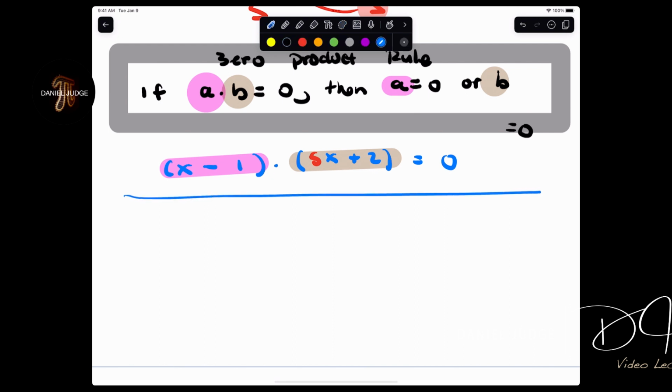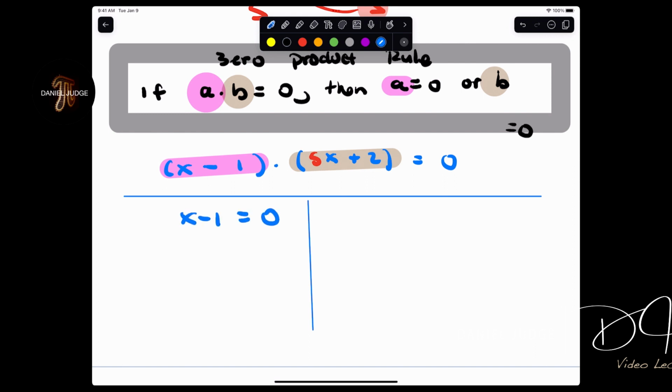So ladies and gentlemen, first term is 0. Second term is 0. Okay. We got two linear equations to solve. Add 1 to both sides.